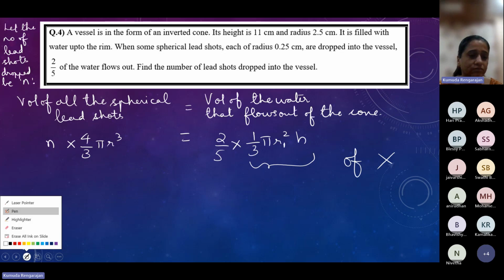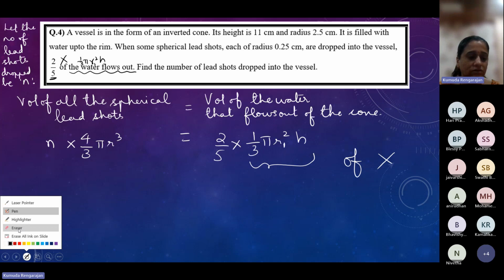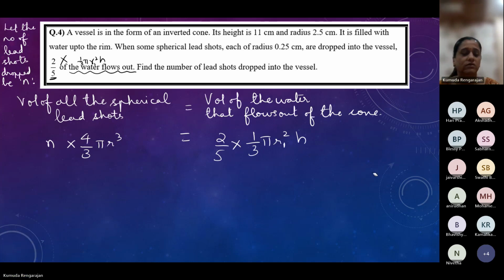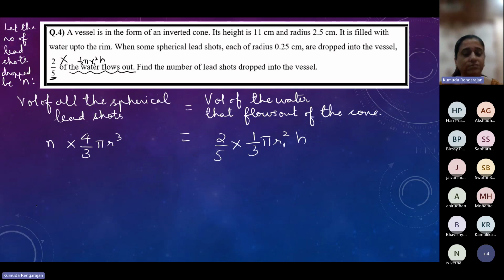So 2/5 of the water, meaning the volume of the water, which is 1/3 pi r square h. So 2/5 into 1/3 pi R1 square h. Okay, that's it. We constructed the equation using the formula. First using words, and then we replace the word phrases with the formula. Now we have it.